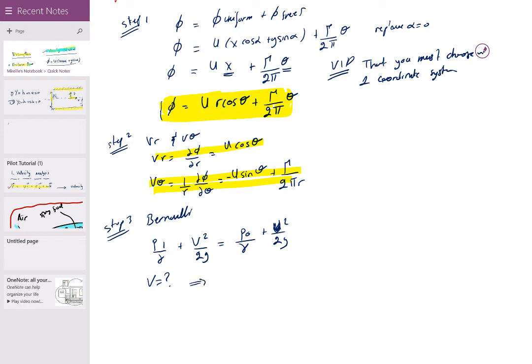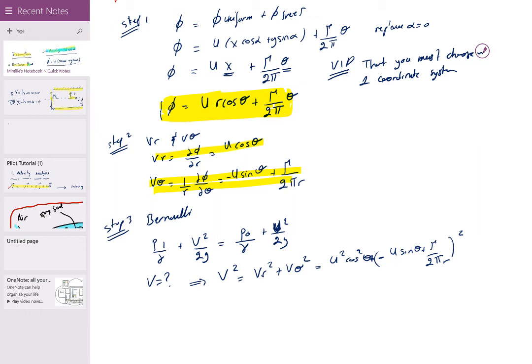And we know that v squared is vr squared plus v theta squared. So this gives me that v squared is U squared cosine squared theta minus U sine theta plus gamma over 2 pi r. Now this is my second one, so I'm going to have to square this and add a plus sign here. So we're almost done.